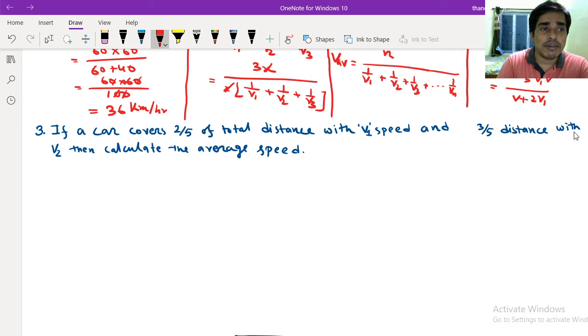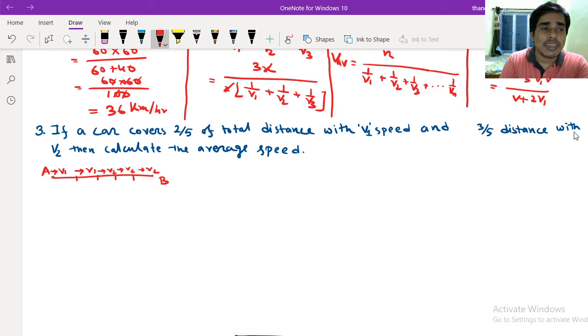Suppose this is point A and this is point B. The path is divided into 1, 2, 3, 4, 5 divisions. Two of them are V1, and the remaining three are V2.